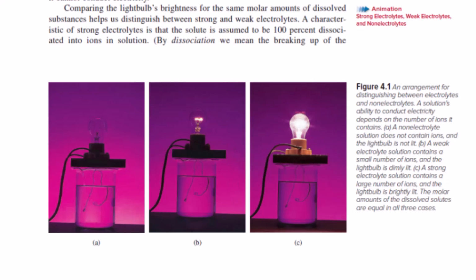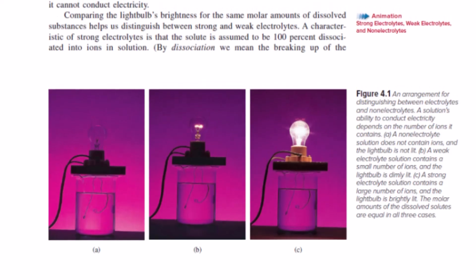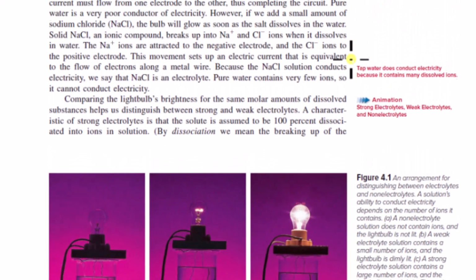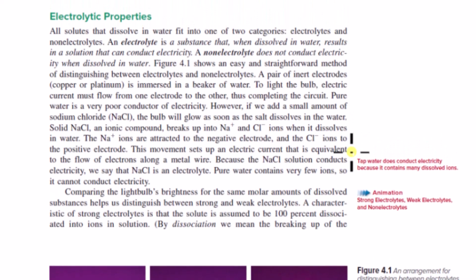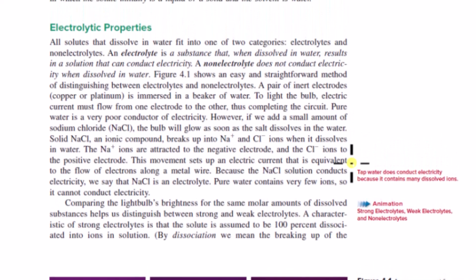Now, how is this happening? What they're saying is that if you have something, it needs to dissolve in water. Some solute is going to dissolve in water, and when it dissolves, the result is ions dissolved in the solution. For example, they give the example of sodium chloride. Any ionic compound that is soluble, you could have ionic compounds that aren't soluble. If you have a soluble ionic compound, then it's going to break up into ions.